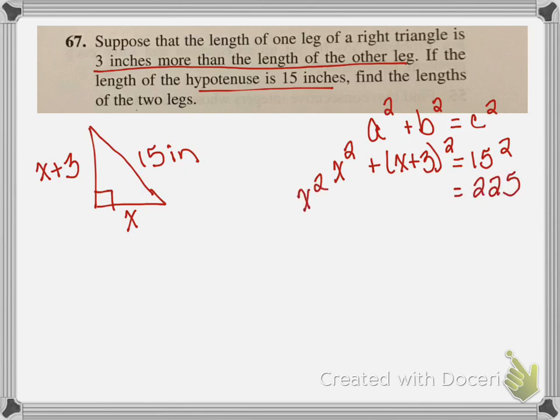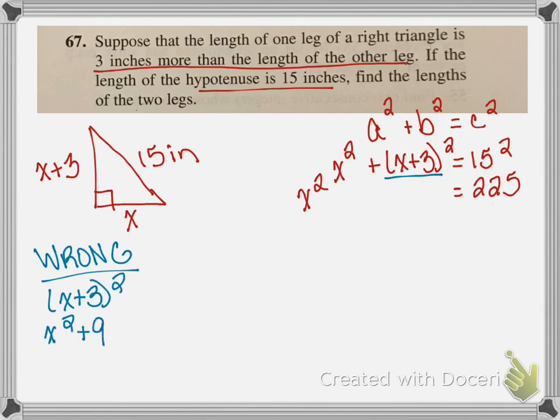Now, students often make a mistake with this right here, the x plus 3 squared. The wrong way to do this is to say that x plus 3 squared means x squared plus 9. Okay? That is wrong.